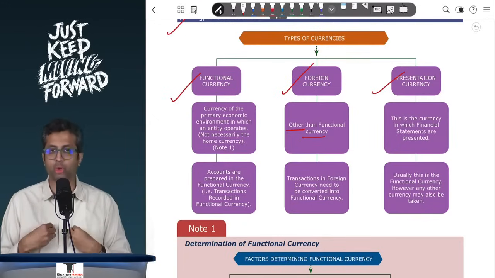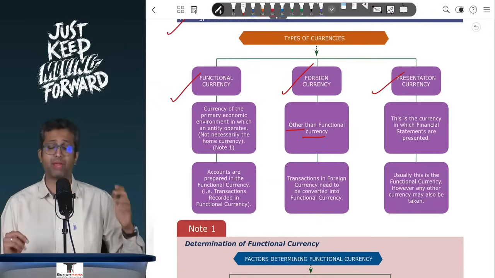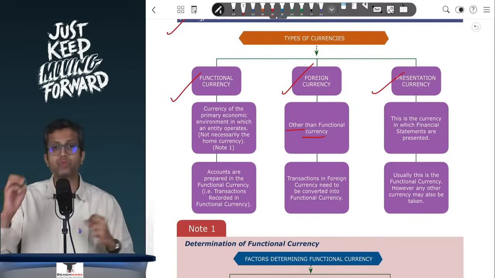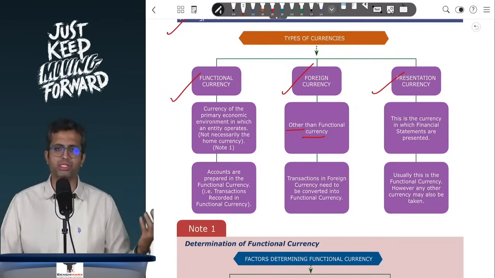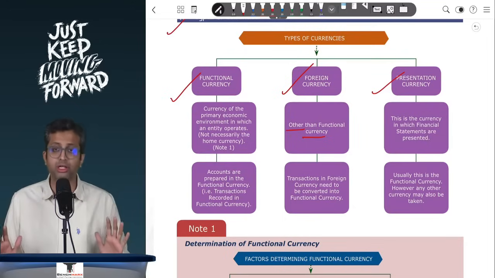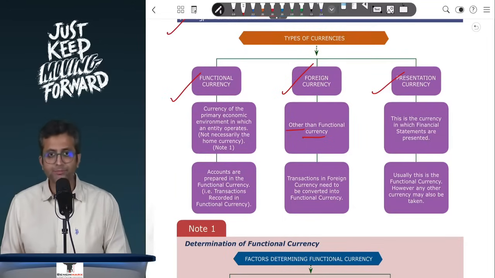My primary economic environment may be the Indian environment because I'm selling Coke bottles to Indian people. I have a factory in India. My employees are Indian. So my functional currency is a rupee. However, I might want to present the financials in dollars, and hence my presentation currency may be different. So presentation currency is a currency in which the financial statements are presented.